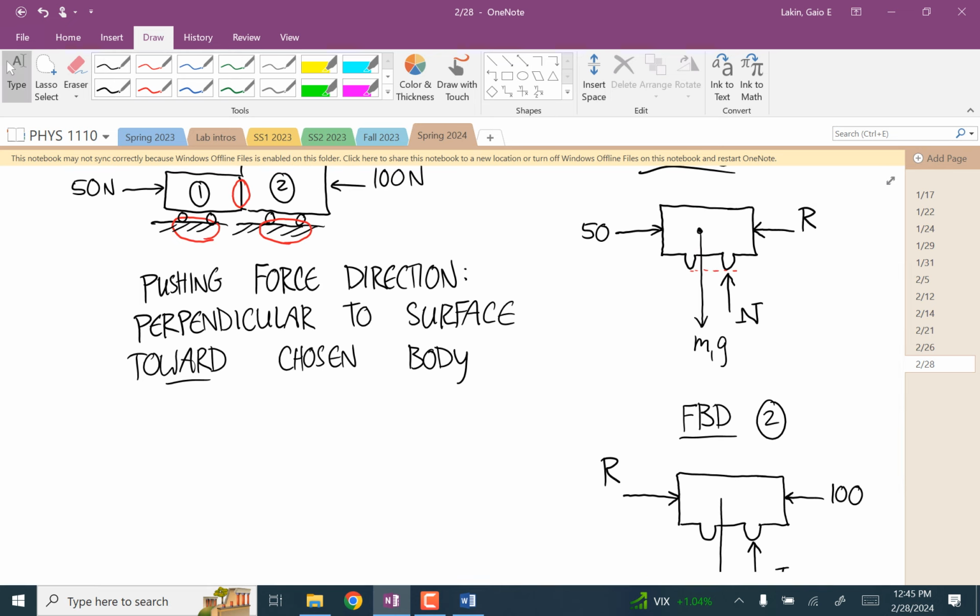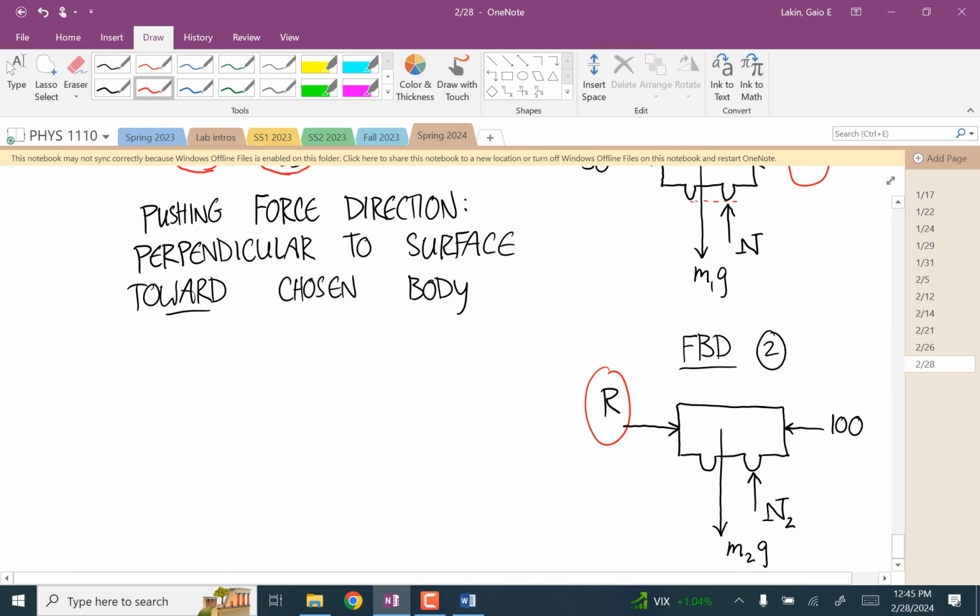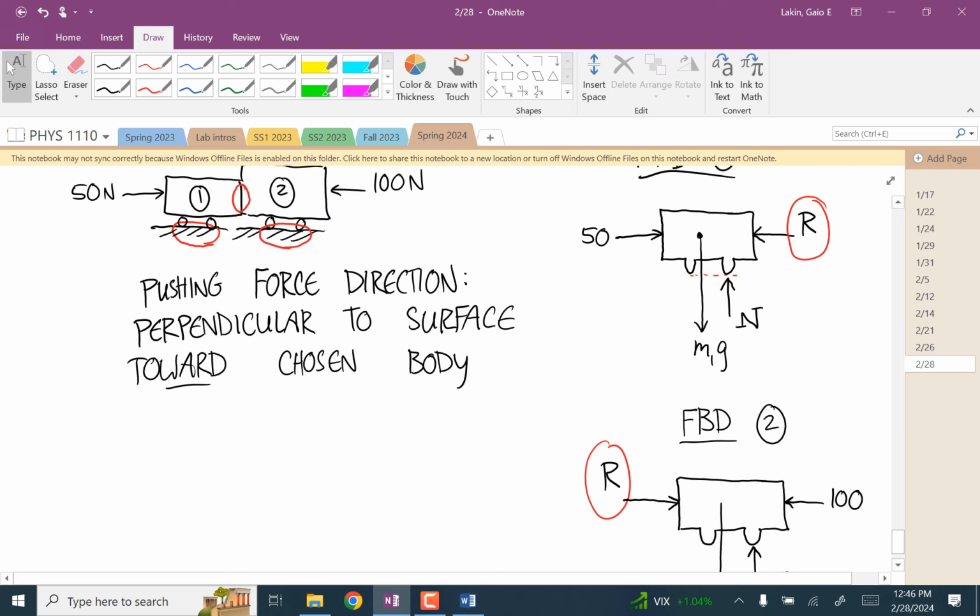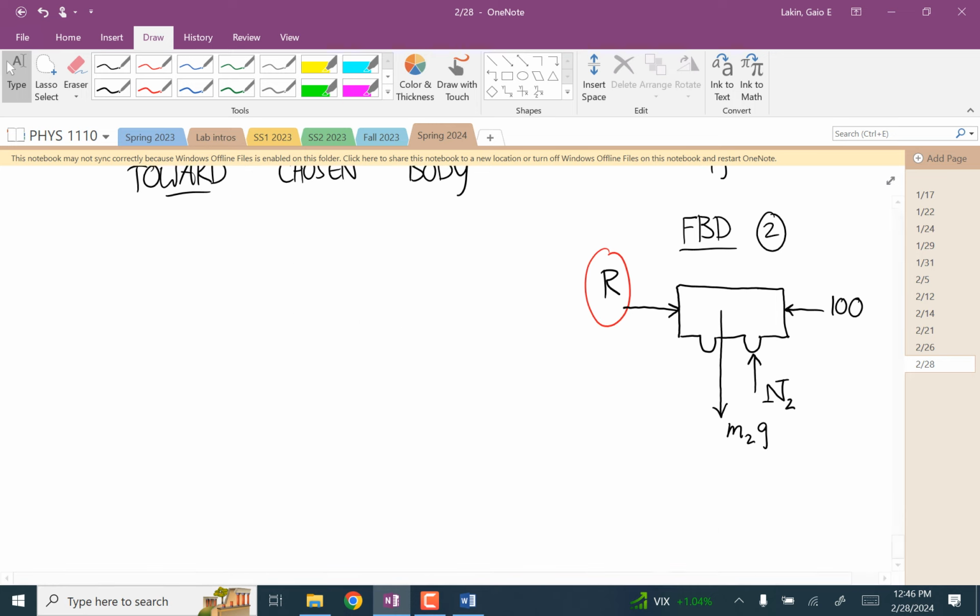And the next thing I want to say is, what about this? Notice that these two pushing forces are in opposite directions, but I didn't call these N's the same thing. Why am I calling these R's the same thing? And so this is an important fact about pushing forces.